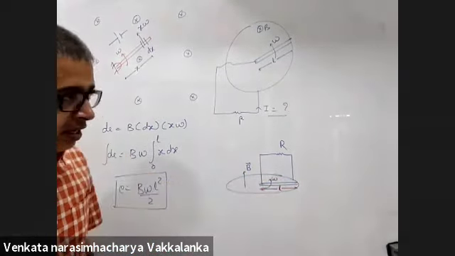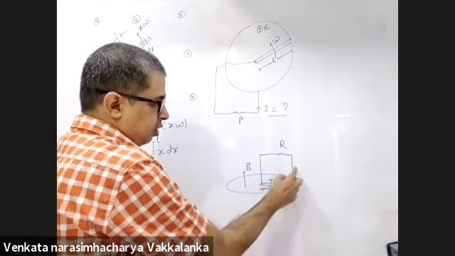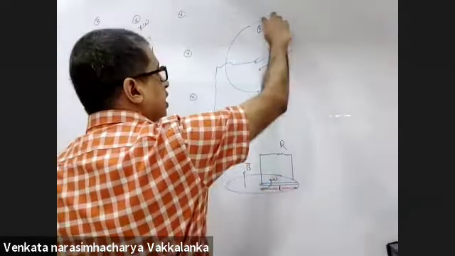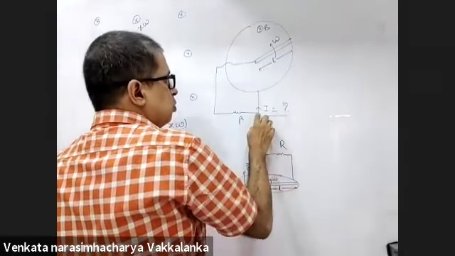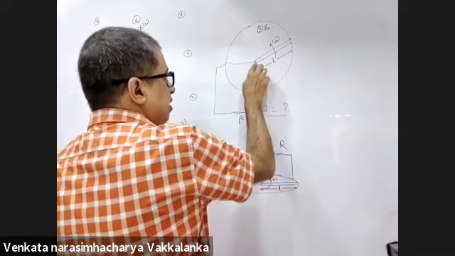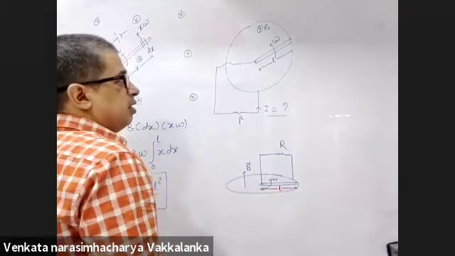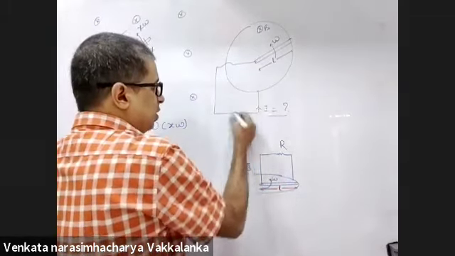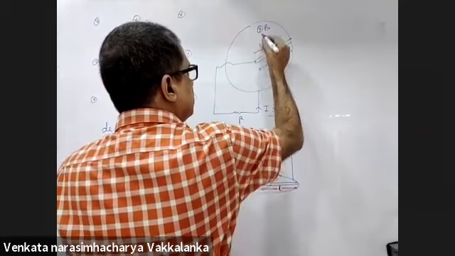Same is the situation here. EMF across the rod. The rod is sliding inside a smooth ring. So the ring is connected to this end of the resistor. The other end of the rod is connected to this end of the resistor. So what will be the current in this particular resistance? See, this rod will behave like a battery of this direction.